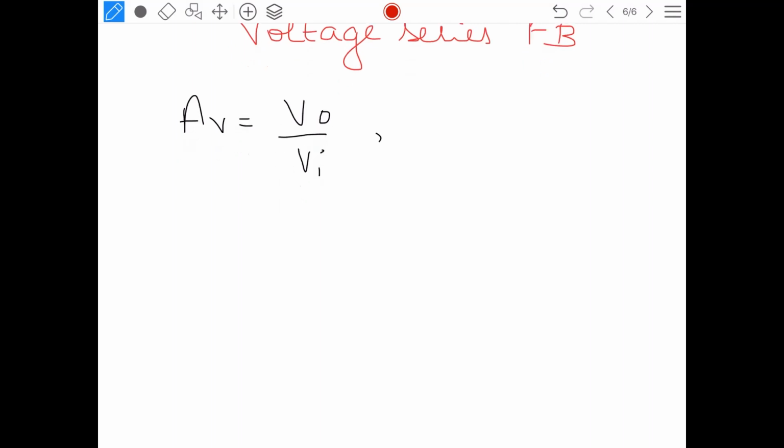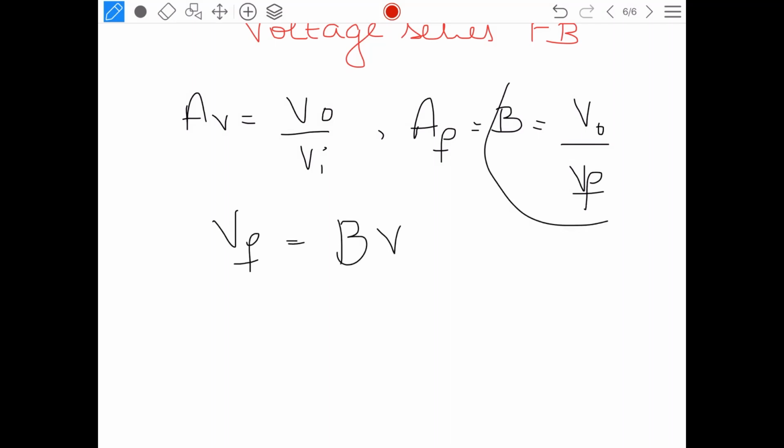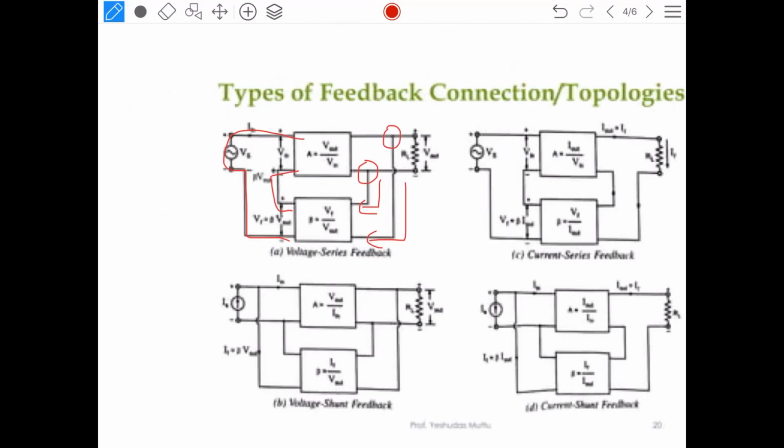Then the feedback gain is B, Vf by Vout. Then the feedback voltage Vf is B into Vout. So this is the voltage that is fed back into the circuit. So this is voltage series.